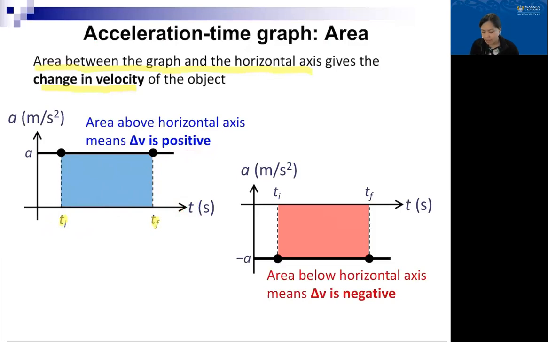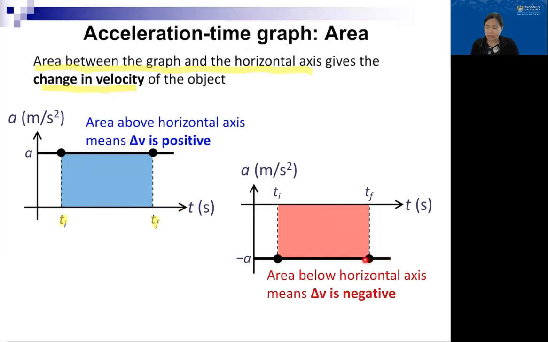Okay. And if your acceleration is negative, so in the graph here on the right, the acceleration graph again is this straight black line here, giving you a negative value for your acceleration. So the acceleration is negative and it's constant. It's the same at any time.